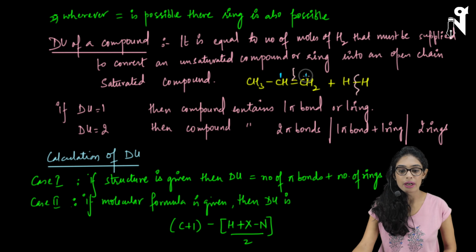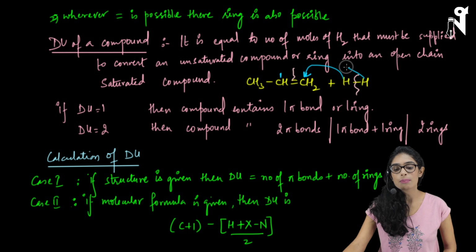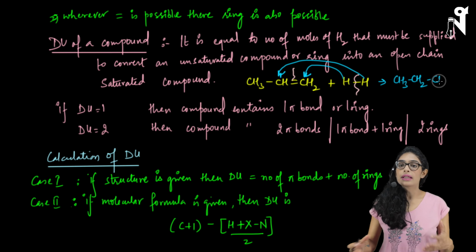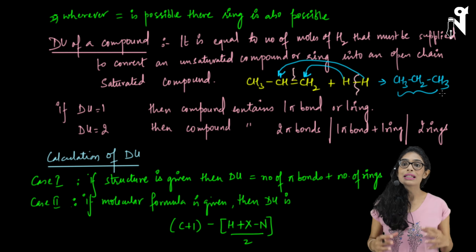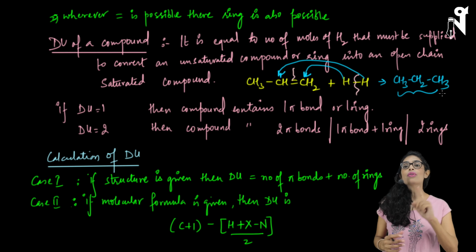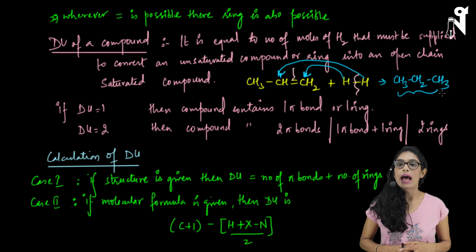One hydrogen went and attached on this carbon, another hydrogen went and attached on the other carbon, and now the compound has become CH3 CH2 single bond CH3. Isn't it an alkane right now? It's propane, right? So I had to supply only 1 mole of H2 to convert this into an alkane.